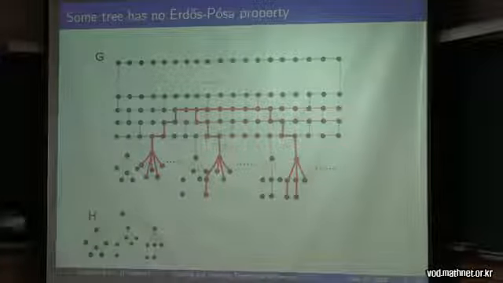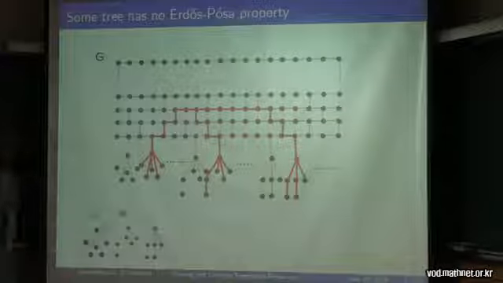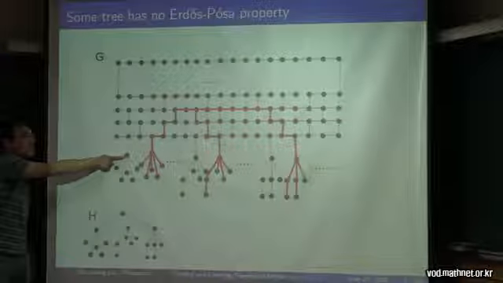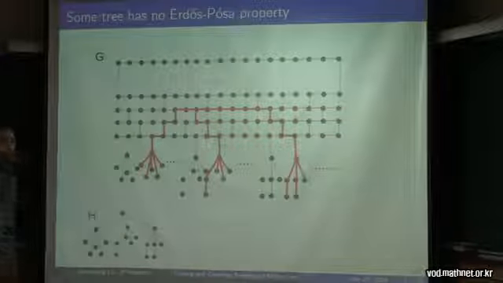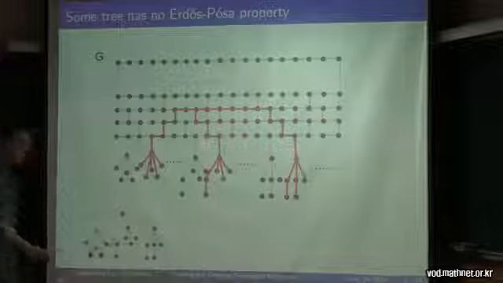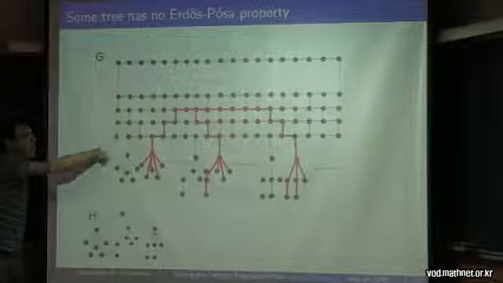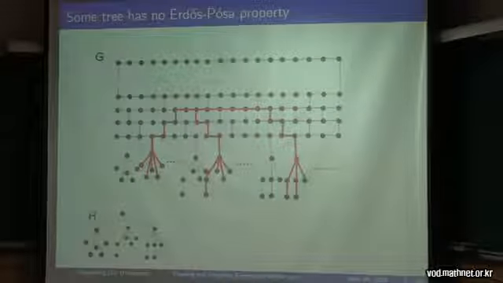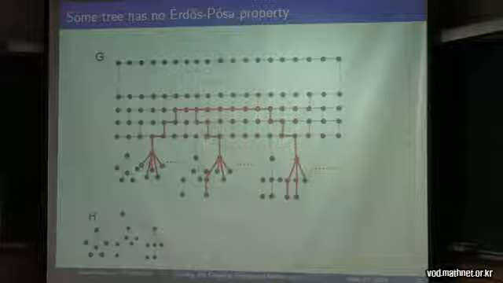And secondly, you see this degree 5 vertex. The branch vertex of this degree 5 vertex should have degree at least 5. But there are only 2 kinds of vertices in G with degree at least 5. One is contained in the copy of the first tree or in the copy of the second tree. But this vertex has 2 neighbors of degree at least 2, and this vertex has no 2 neighbors of degree at least 2. So the branch vertex of this one should be in the copy of the second tree.